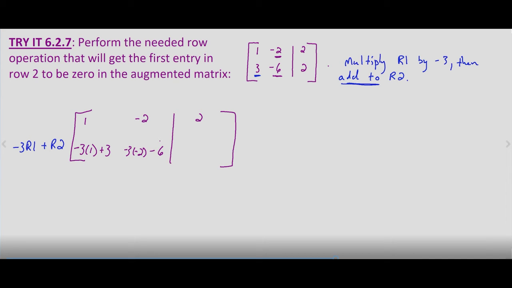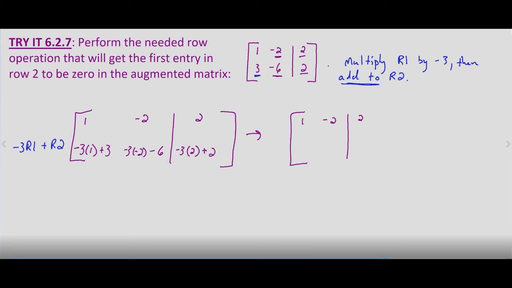And then negative 3 times 2, our term in row 1, plus the term in the second row, which is plus 2. And that is going to end up yielding, first row is still the same, 1, negative 2, 2.